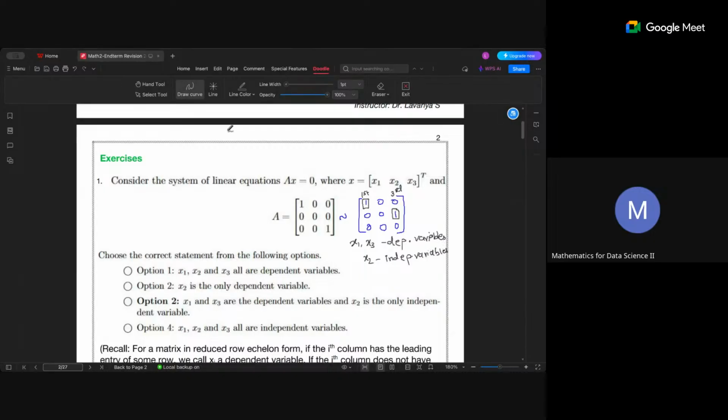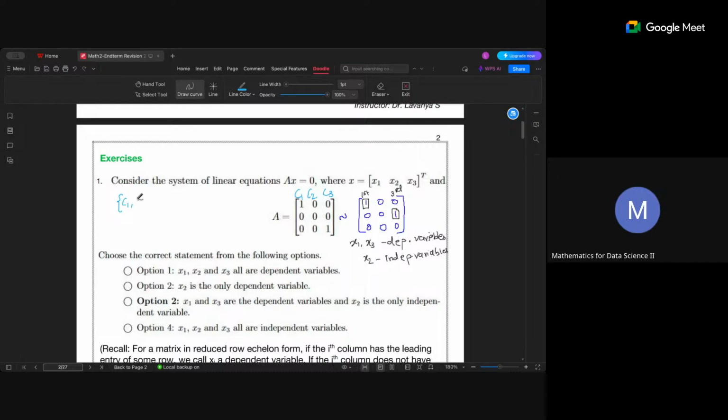On the other hand, now look at the columns. This is column 1, this is column 2, this is column 3. How many linearly independent columns are there? 2. Yes.